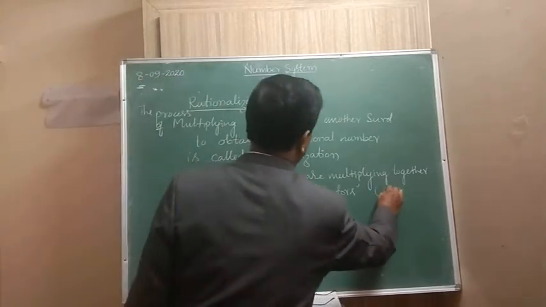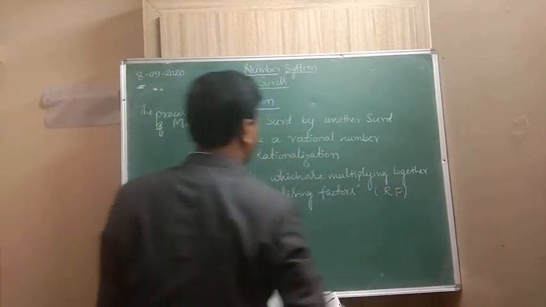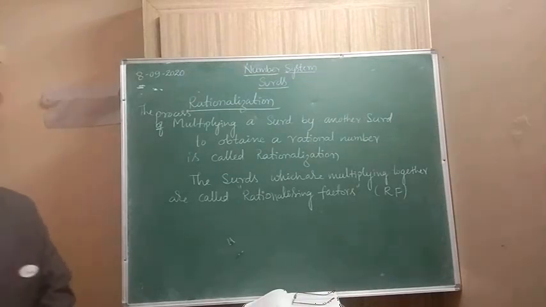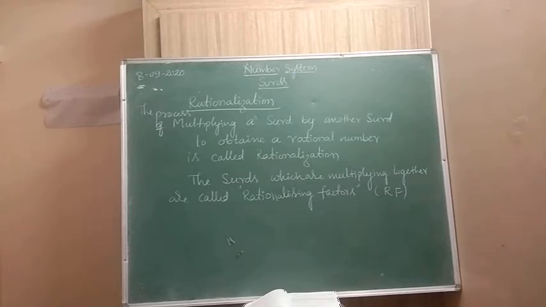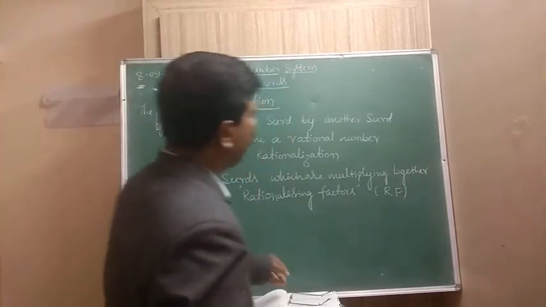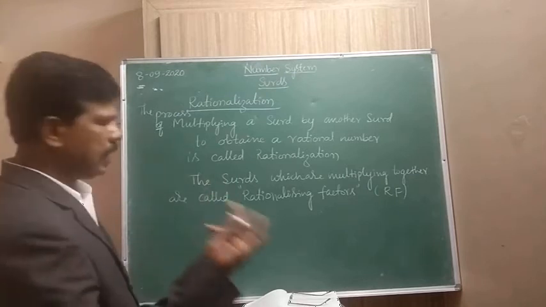In short form, it is denoted as RF. So rationalization is a process of multiplying a surd by another surd to obtain a rational number, and the surds which are multiplying together are called rationalizing factors. That means each one is called a rationalizing factor to the other one.